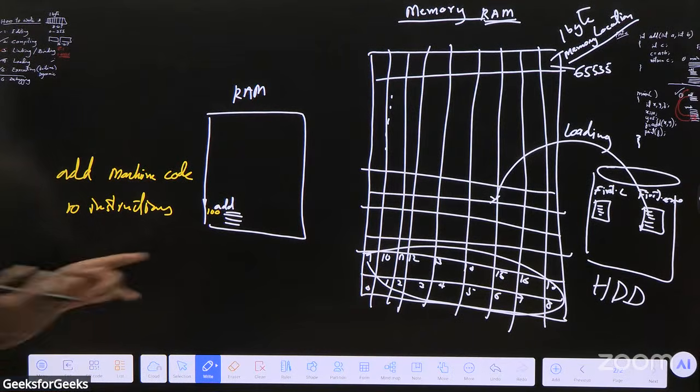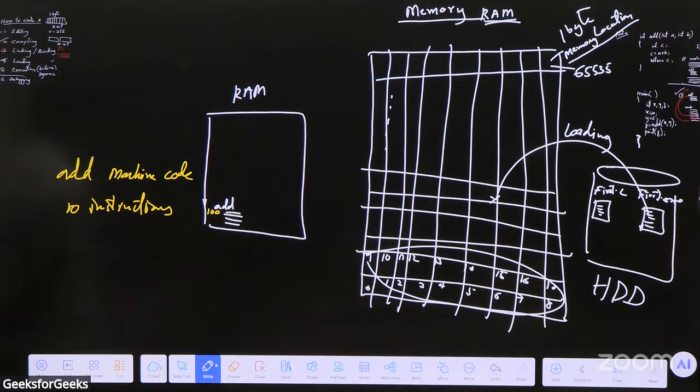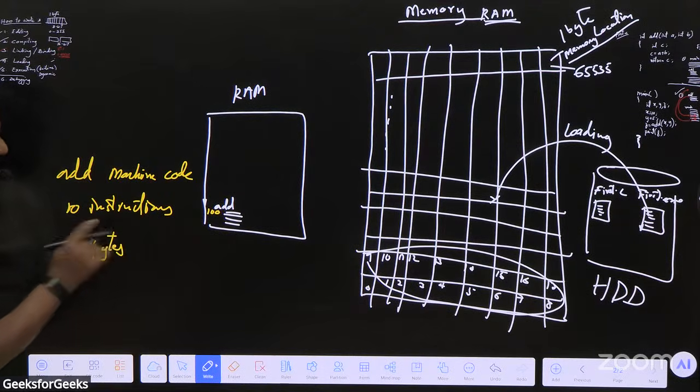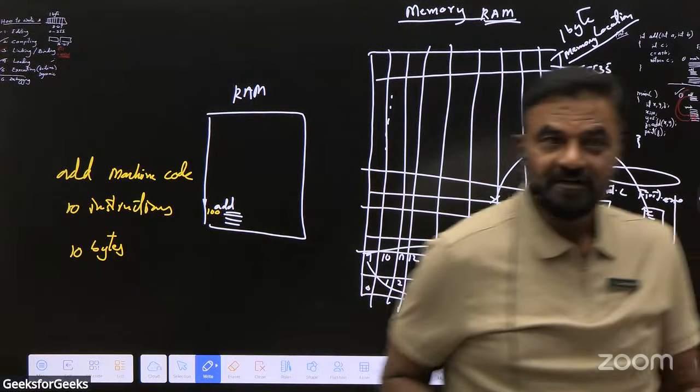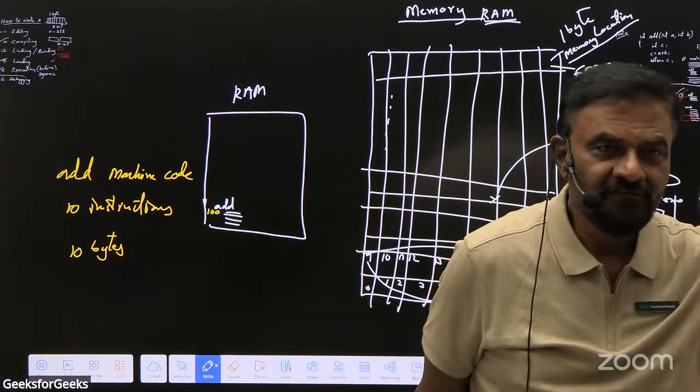How much memory does it require for storing in the RAM? How many bytes does it require? 10 bytes. 10 lines, 10 bytes. But wait, what is the size of the instruction? Have you ever heard of this?